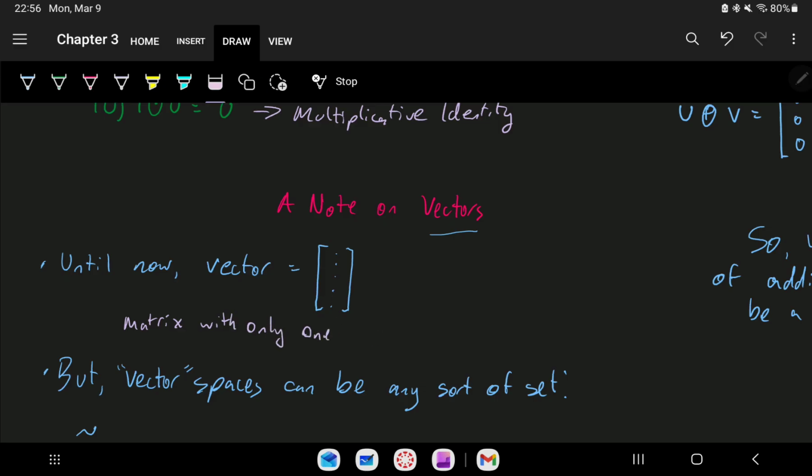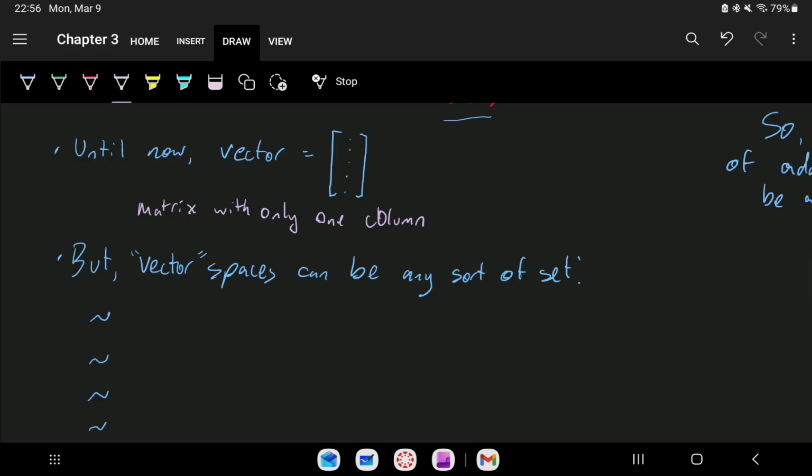But now that we're talking about vector spaces, a vector space is not restricted to being a matrix with only one column. It could be any sort of set, right?